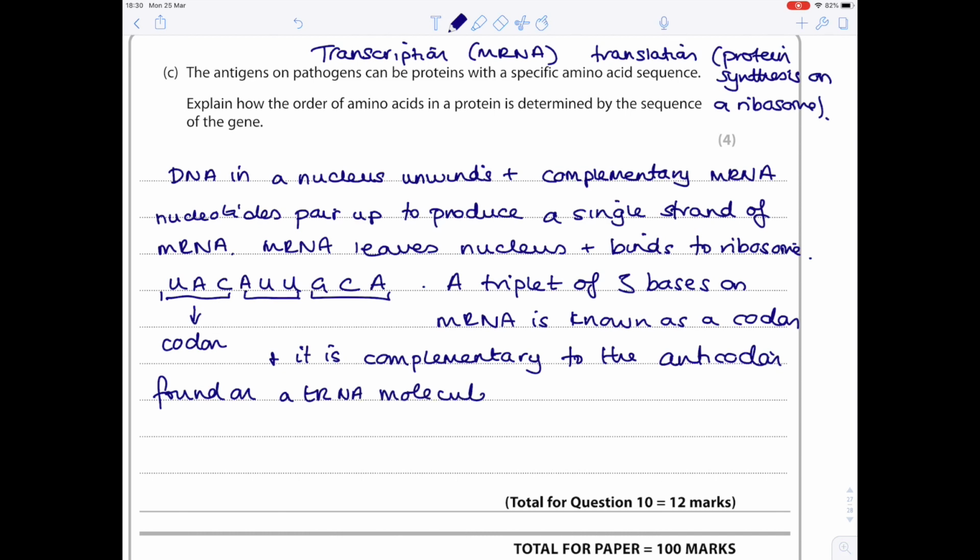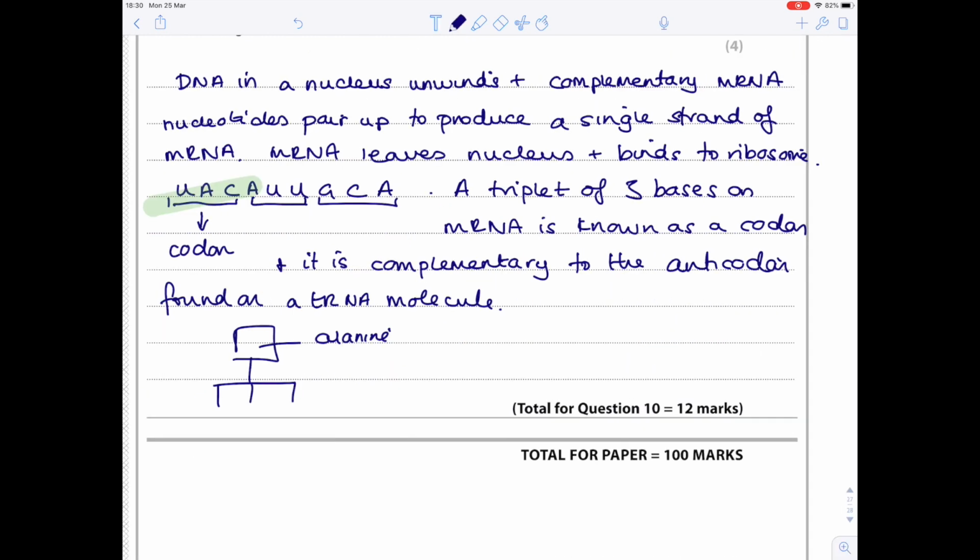And at the end of a tRNA molecule, you find an amino acid. So let's call this one alanine. That's the type of amino acid. Here's the anticodon, so it has 3 bases, and I'm going to match it with this codon here. So the complementary bases, therefore, are A, U, G. This ensures that the amino acids are assembled in the correct order on the ribosome.